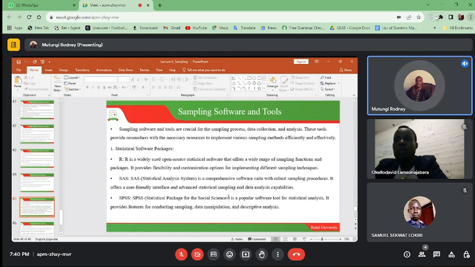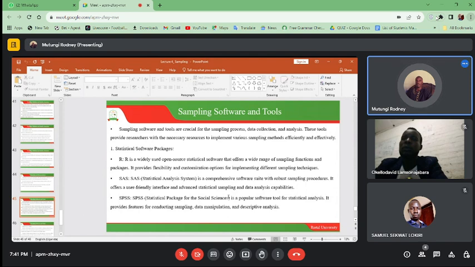So the stakeholders do not need to know all those figures. They just need to know what is now the level of malnutrition in our area. Okay. Amongst the employed, how many of their children are malnourished? So all that is very possible if you use these sampling software, which first of all will give you the sample, will enable you to generate a sampling interval in case you're going to use systematic. Then they will also enable you to collect your data, clean it, and then analyze it.